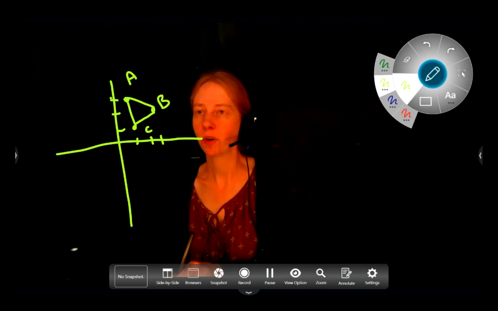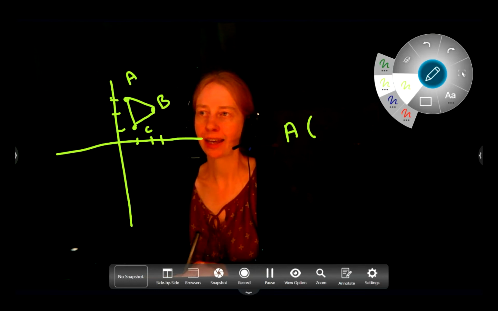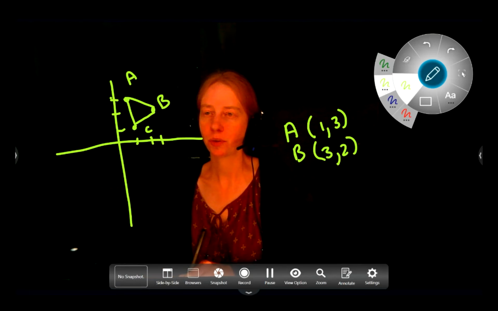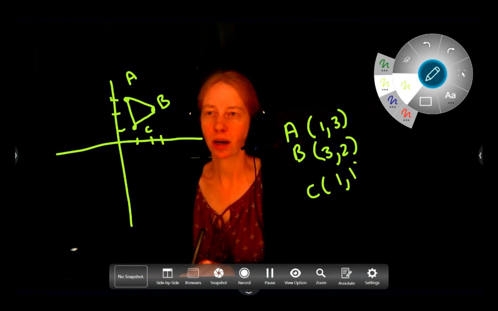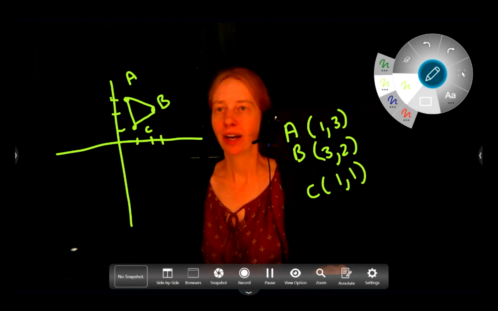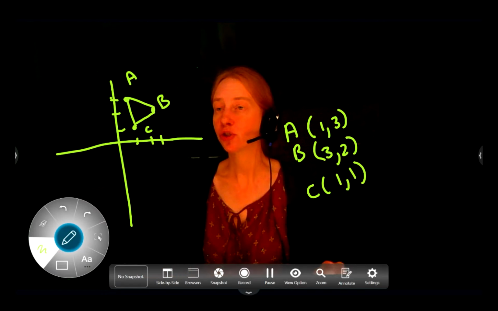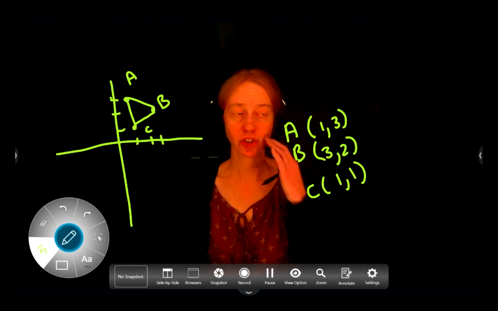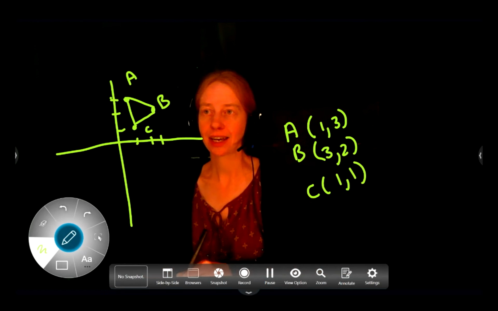Before I move it, I have points A is 1, 3. B is at 3, 2. And C is at 1, 1.